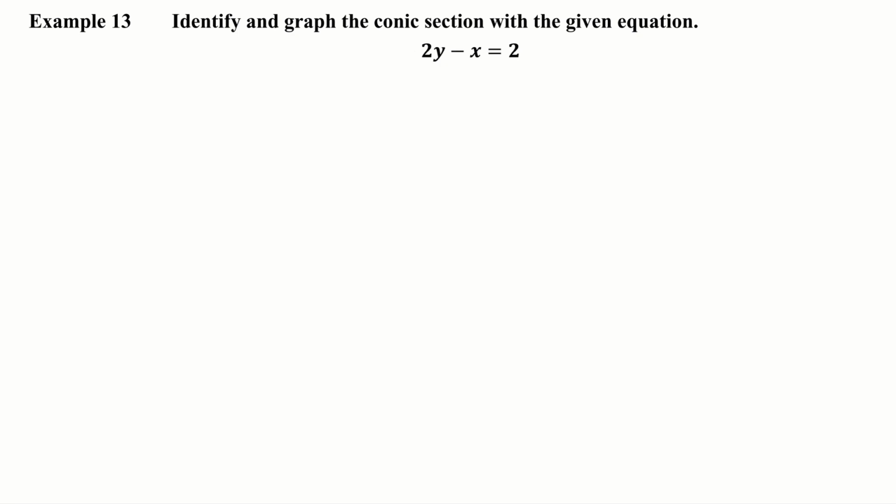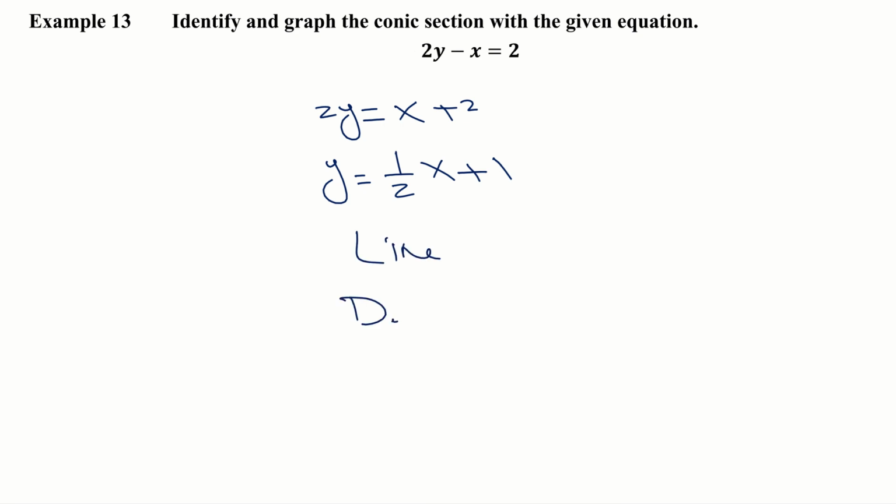So it is definitely a line. If I just write it like this, there you go. You recognize it now, right? All right, so this one would be a line, and it is a degenerate conic.